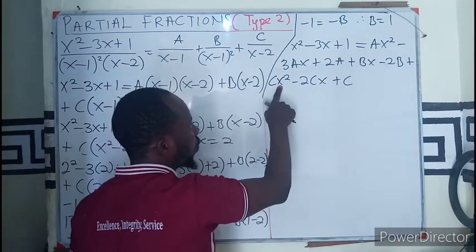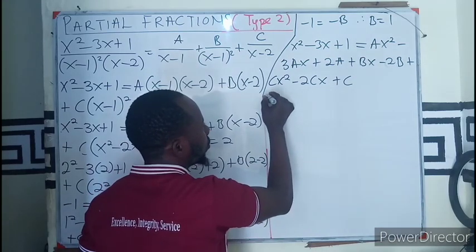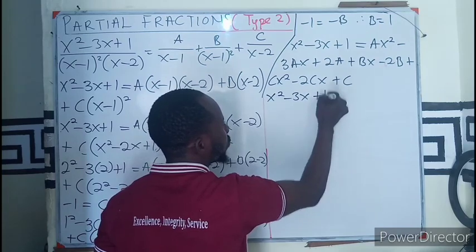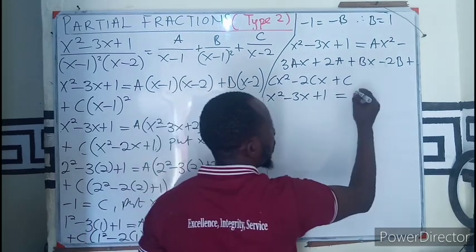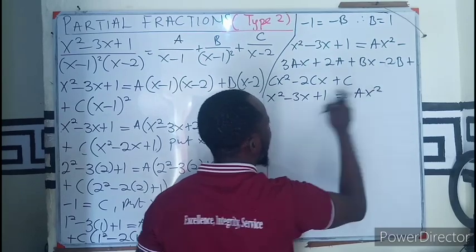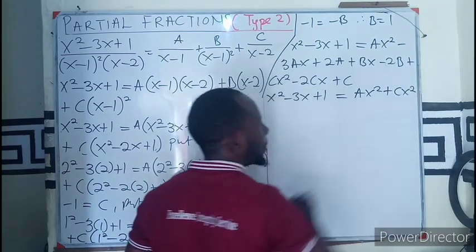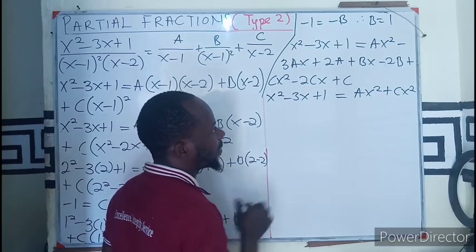I'm seeing x squared, so I can group them together. So your x squared minus 3x plus 1 should be equals to your ax squared plus cx squared, right? So let's go for those with only x.